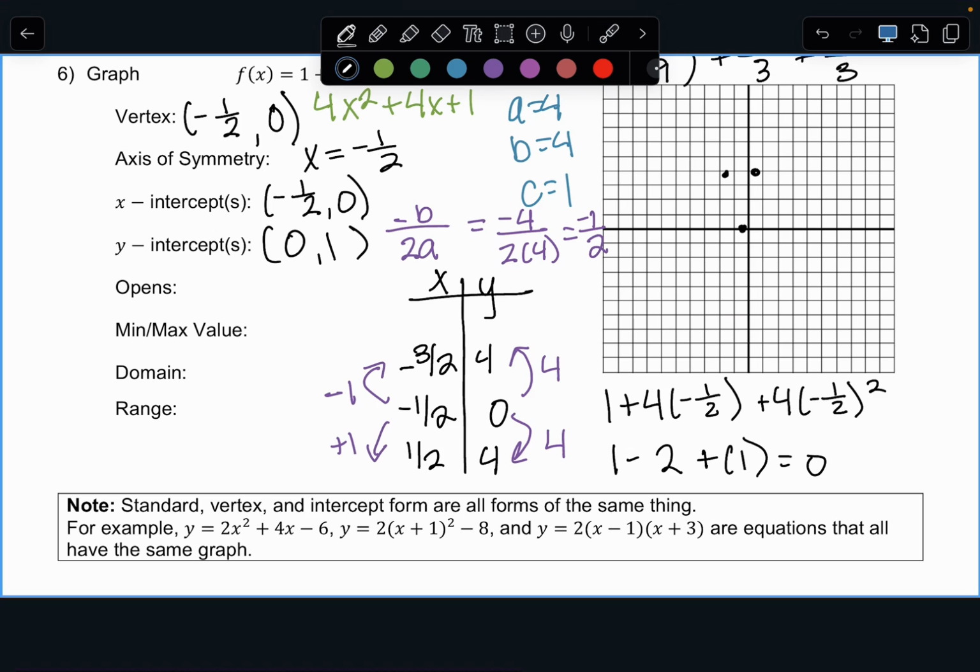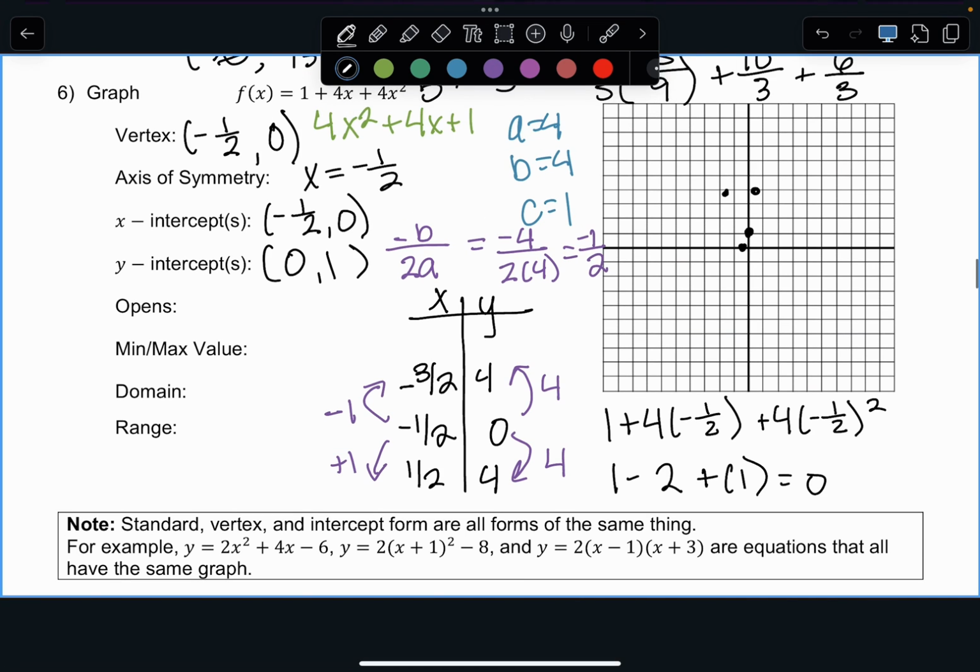This is a really narrow parabola. I know one other point, though. I know (0, 1). I'm going to graph that one just so I can get a little bit better idea. And if I graph (0, 1), I can also reflect it and graph (-1, 1). So this is our graph.